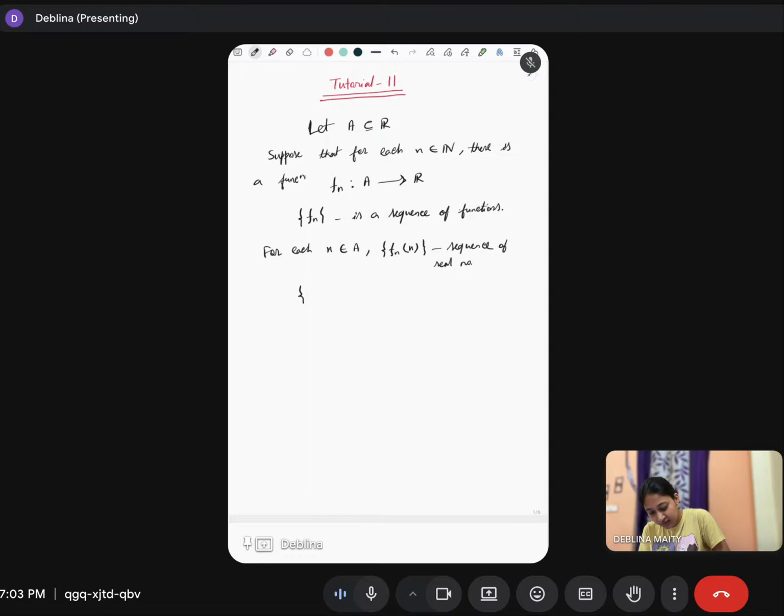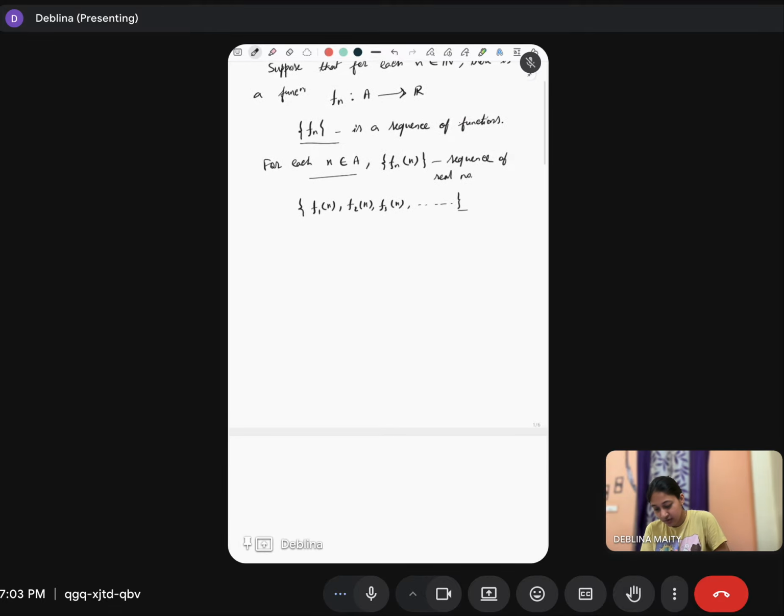Because the first term is f1(x), second is f2(x), then f3(x), and so on. So for each x, this fn(x) is a sequence of real numbers, and fn is a sequence of functions. Now for some x, this sequence may converge, and for some x belonging to A, this sequence may not converge.